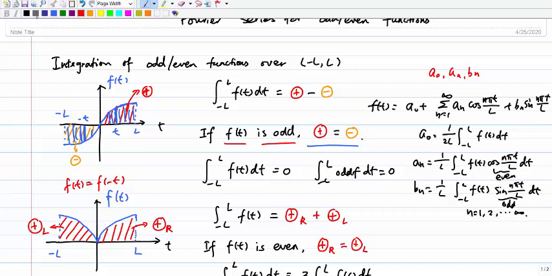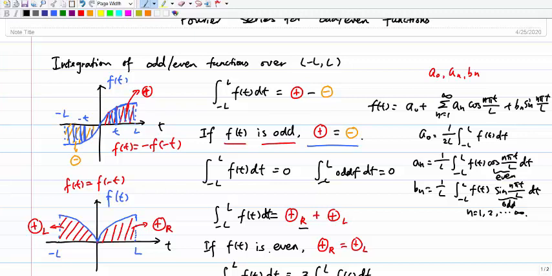Of course, for an odd function it is a little different, which means f(t) equals negative f(negative t), okay? So if this is positive, the area is positive, this is also positive. Of course, if this is negative, this is also negative. So the integration from negative L to L of f(t) dt is the area of the right-hand side plus the area of the left-hand side.